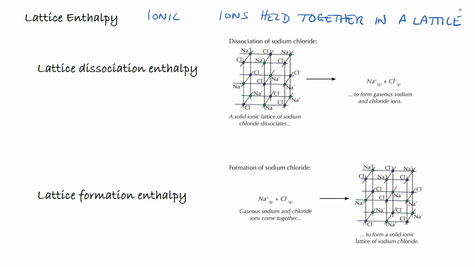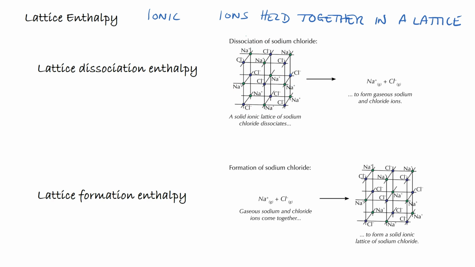The simplest and most often talked about ionic lattice is that of sodium chloride, and we've got an example here where we've got our sodium ions surrounded by chloride ions in a cubic lattice.